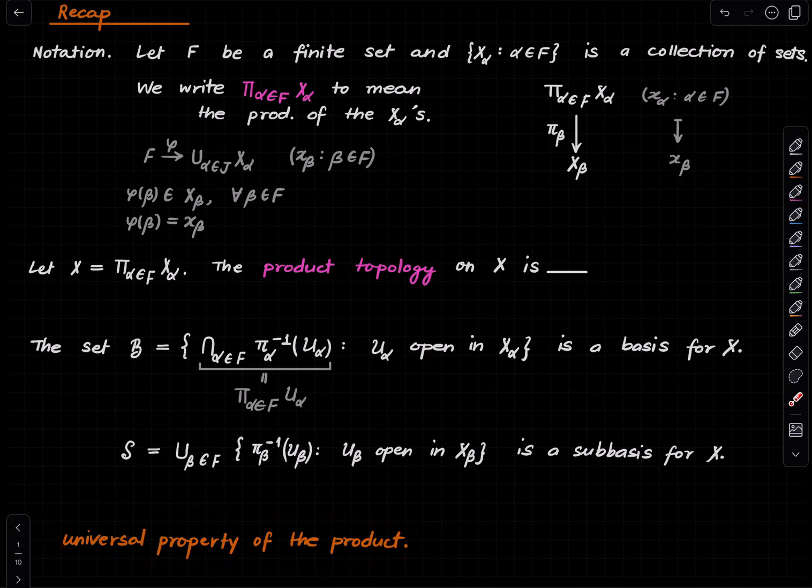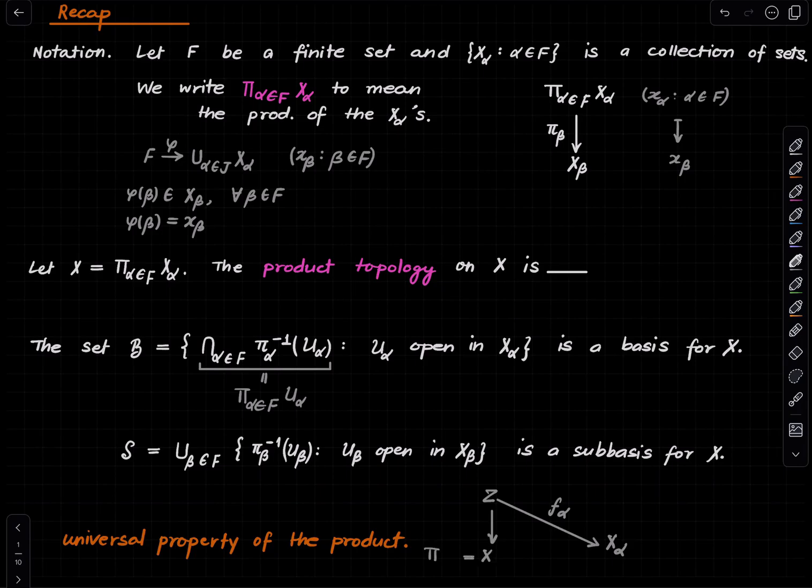And one way to express the universal property was that if we have a topological space Z, and we have continuous functions from Z to X alpha for each alpha, then there is a unique continuous function to the product.